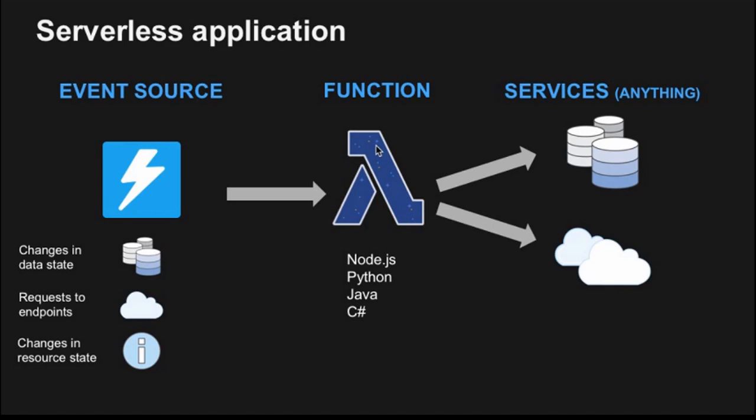Typically, there's an event source trigger, which can be a change in data or resource state or an incoming request. Lambda can process that event and save the state into a persistent data store like DynamoDB, or it could be calling another service, or it could be calling another Lambda function.